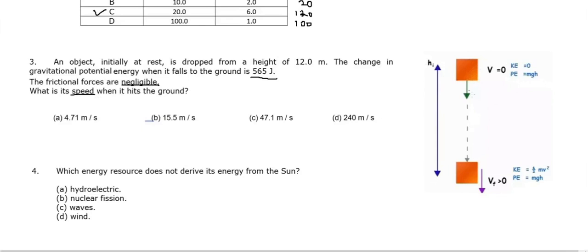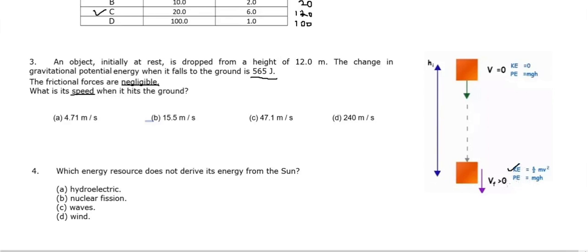This object is falling down. When it is at some particular height, it has only potential energy, because at this height the velocity is 0, so kinetic energy is also 0. While falling down, the kinetic energy increases and the potential energy decreases, and when it reaches the ground it has all kinetic energy.